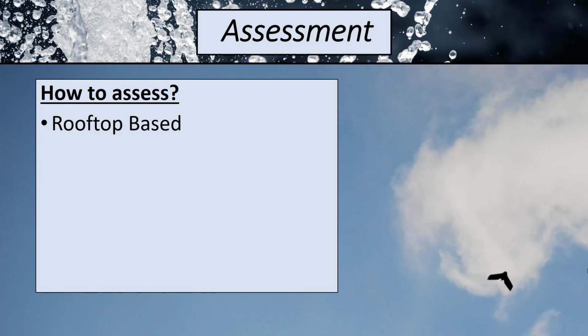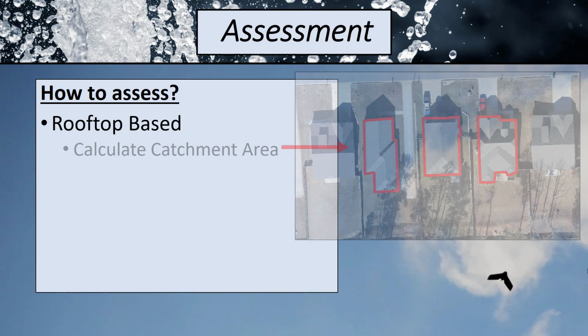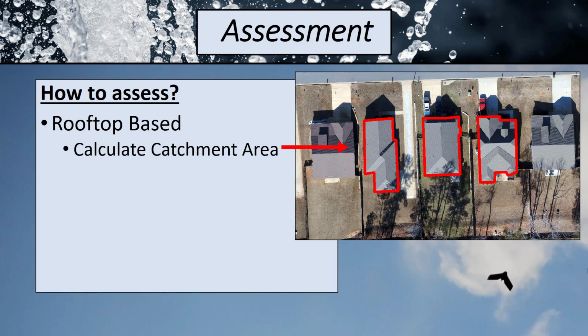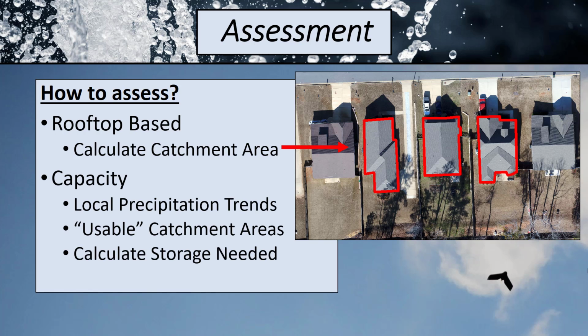Fortunately for researchers, assessing the potential amount of rainwater to be harvested in a particular location is fairly simple. The key measurement needed in order to calculate the RH potential for a site of interest is the two-dimensional surface area of the rooftops. Using the surface area in combination with other relevant factors like precipitation trends allows the researcher to calculate the average amount of rainfall that can be theoretically collected at that site.